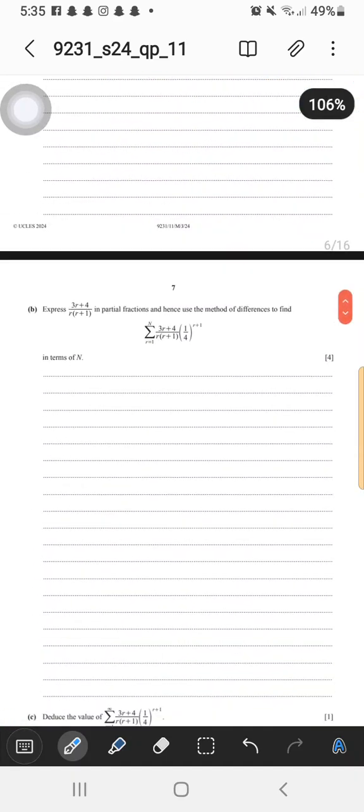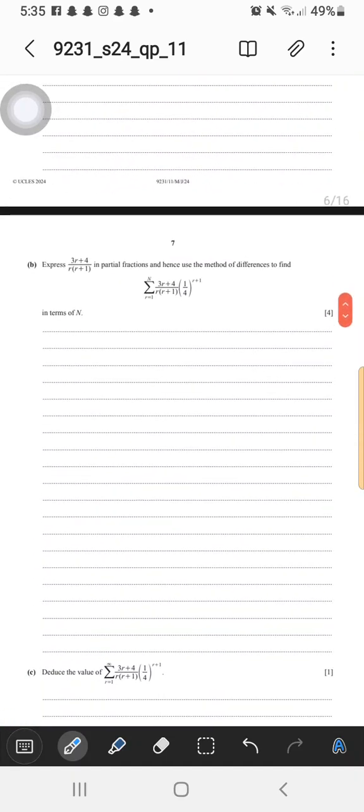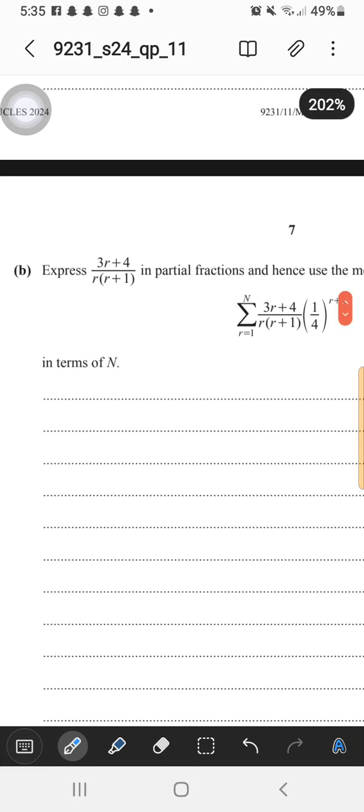Let's move to the second part, B. Here it is saying express 3r plus 4 divided by r bracket open r plus 1 bracket close in partial fractions.